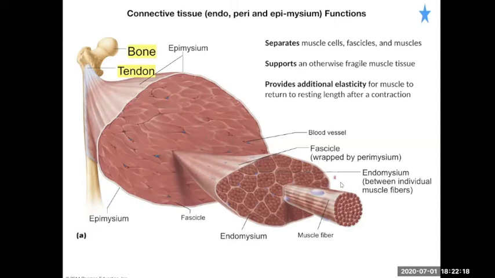So each muscle cell is going to be wrapped in endomysium, and that is going to separate it from the adjacent myofiber, so that sometimes these muscle fibers are contracting and this one isn't. So you want to protect against friction and damage that will result from one moving and the other one not moving. So that's one thing, it's separating the elements.